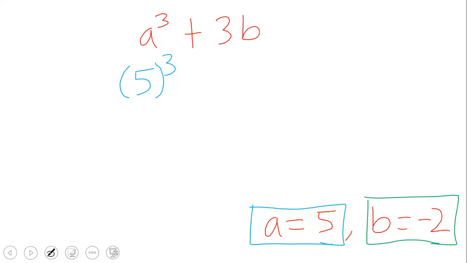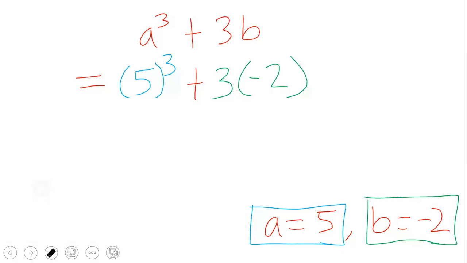So instead of having 3b, we have 3 times -2. Okay, so we have that a cubed plus 3b equals 5 cubed plus 3 times -2.